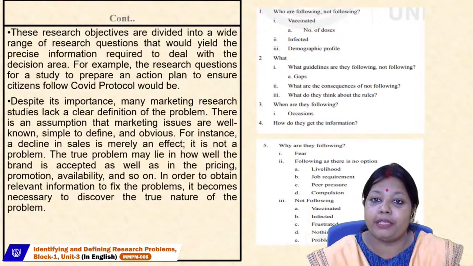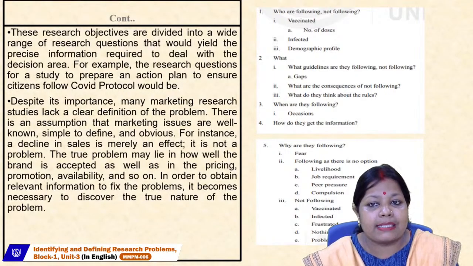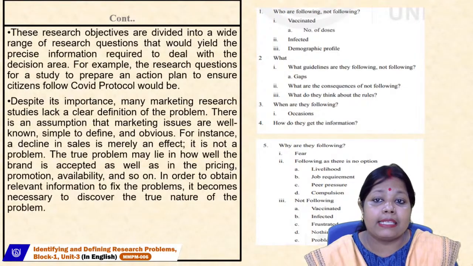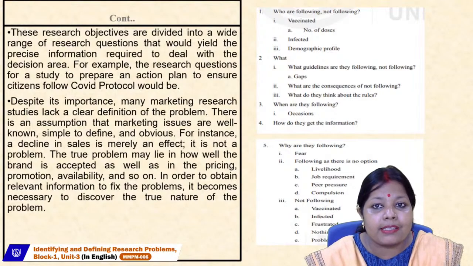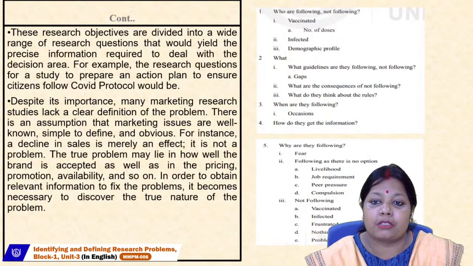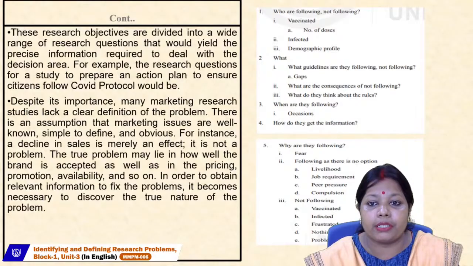The first question is: who is following and who is not following? Are they vaccinated, and if vaccinated, what is the number of doses? Are they infected? What are the demographic profiles? That is the first question. Then the second: what guidelines are they following or not following?